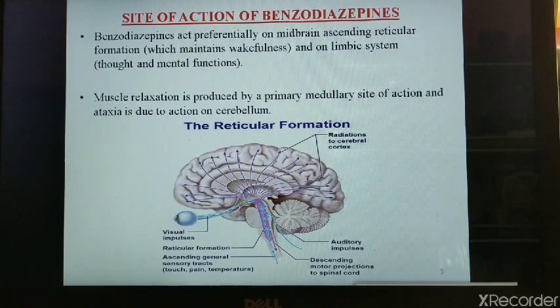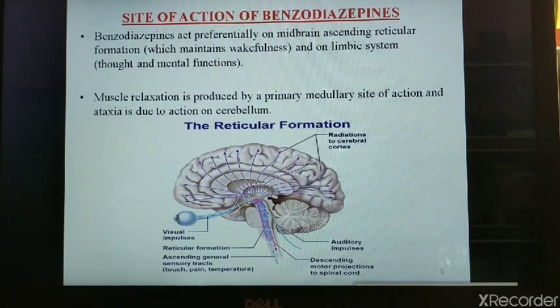Now, with that, let us move on to the site of action of benzodiazepines. Benzodiazepines act on the CNS, no doubt, but the exact site of action is the midbrain ascending reticular formation. This reticular formation, as we have already studied, maintains wakefulness.